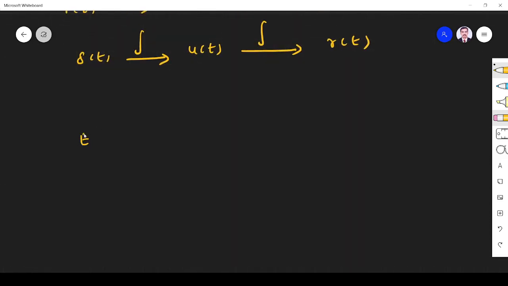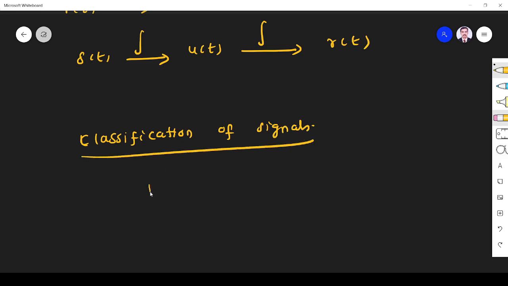Next, we have classification of signals, right? So how are we classifying signals? First one, even and odd signals.